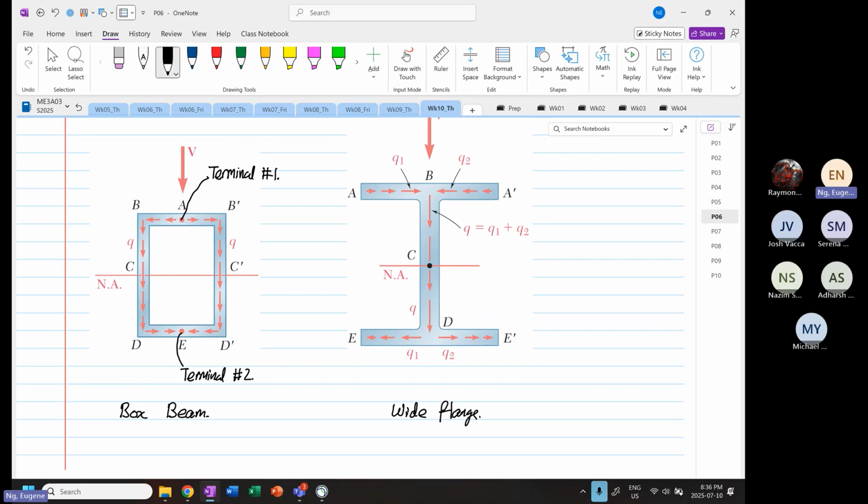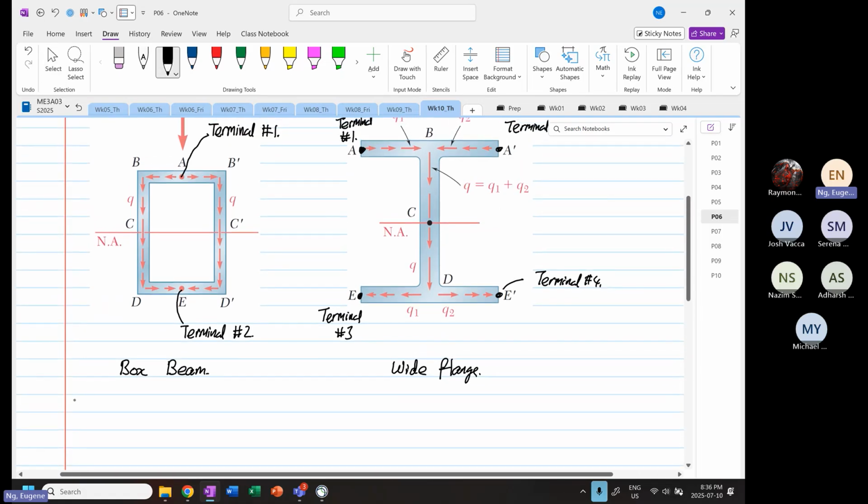For the wide flange, you have 4 different terminals: terminal number 1, terminal number 2, terminal number 3, and terminal number 4.